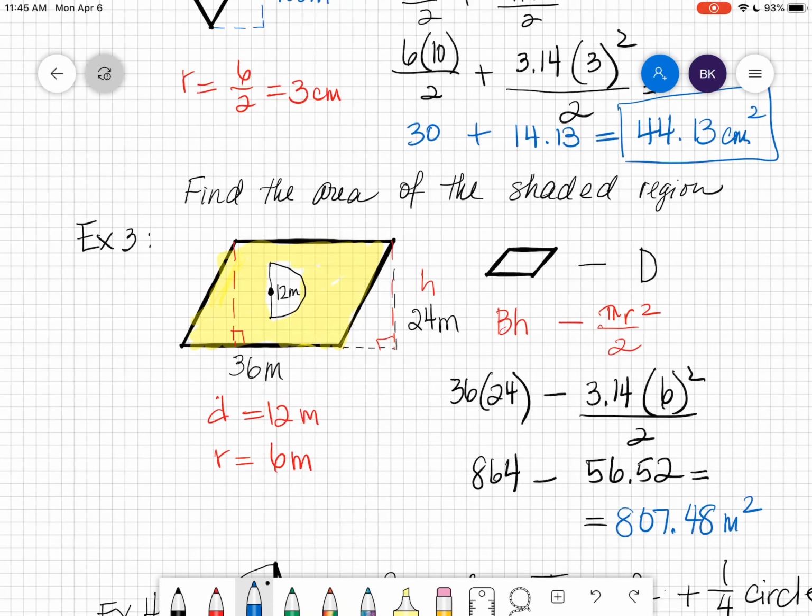So notice it's a donut hole problem. Basically, we're taking the semicircle out of the parallelogram and finding what's left over, the area of what's left over.